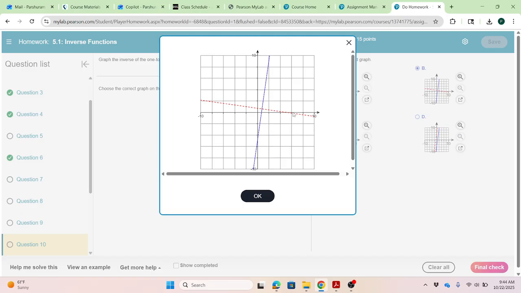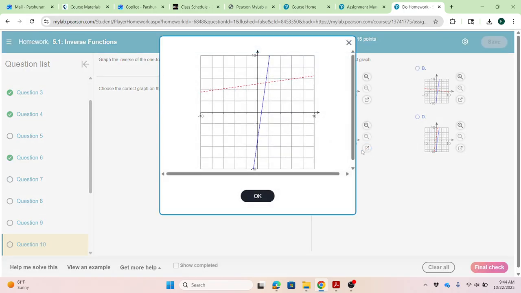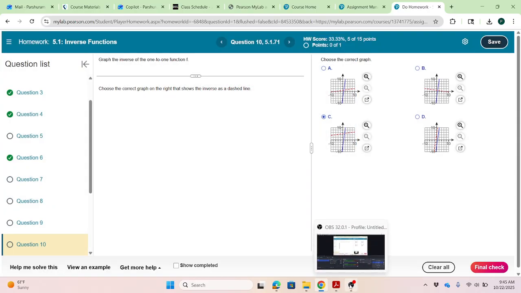What about this one? At 2, this is almost 9, and at 9, it's almost negative. That is also not right. What about this one? One more time. At 2, it's almost 9, and at 9, it's almost 2.